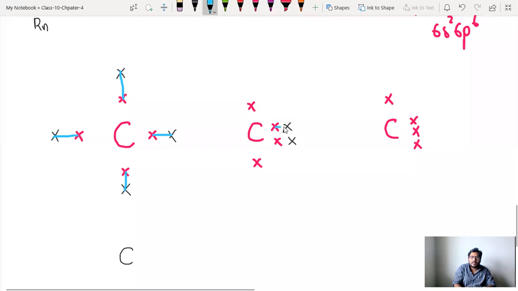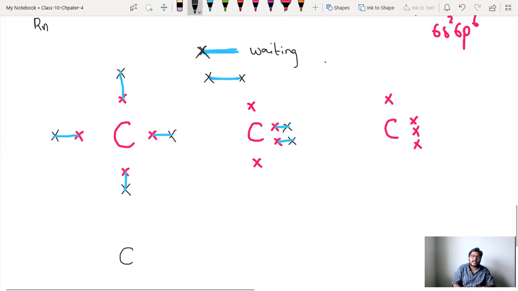You can draw only 2 lines because still there is no bonding. That is the thing, you have to keep it in your mind. Whenever you draw a bond line, it has 2 meanings. First meaning is, there is an electron waiting for an extra electron. Another meaning, if you draw a bond line, is that there are 2 electrons at both ends.